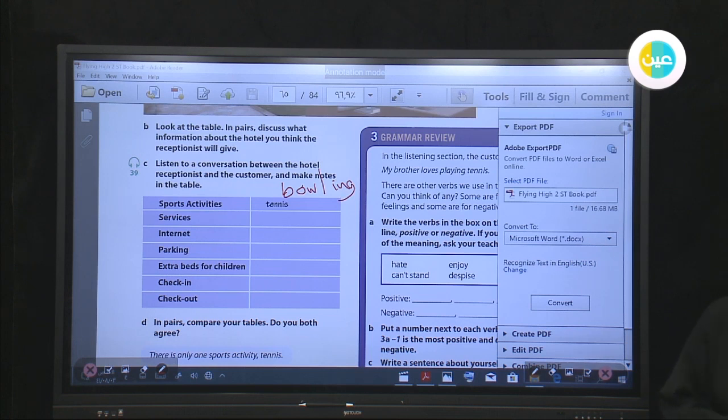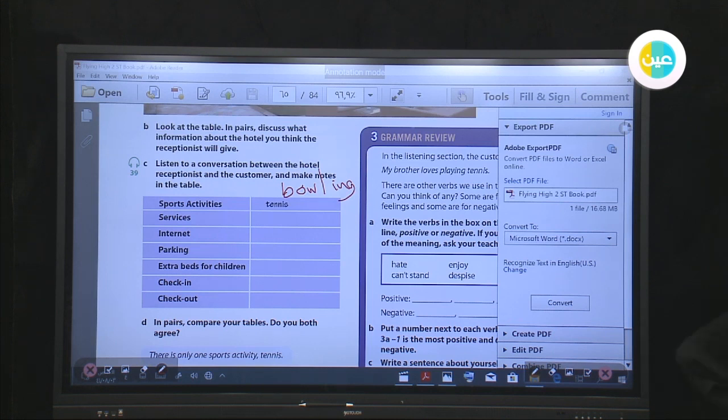The Wi-Fi is free. Okay. What about the parking? The parking is available and there is no need for reservation. Extra beds for children, they have, but it will cost a small charge.